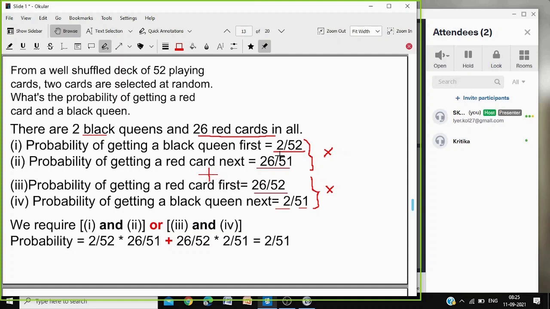So this and this, either 1 and 2 or 3 and 4. For and we are doing the multiplication, and for or we are doing the plus, and we are getting 2 by 51. Got it?